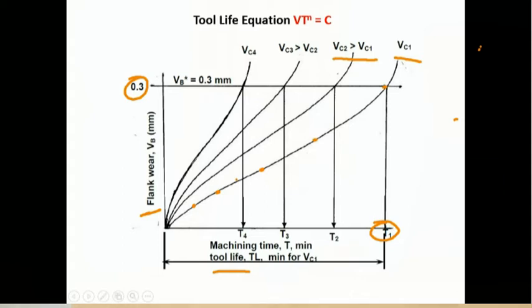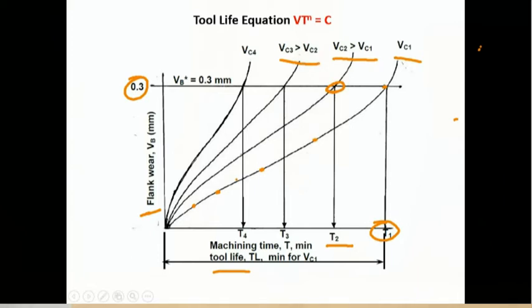So it is obvious that if you are increasing cutting velocity, then the wearing takes place at a rapid rate, and the time taken to reach the wear of 0.3 mm will reduce to T2 at the velocity Vc2. Again you are increasing the cutting velocity to Vc3, that is greater than Vc2.